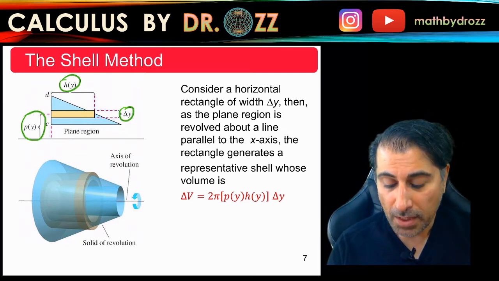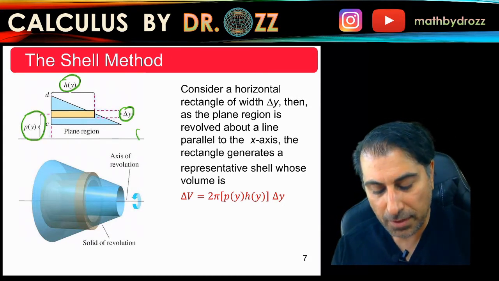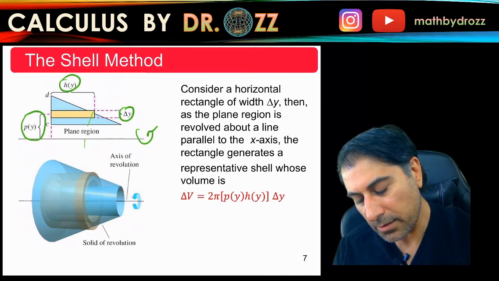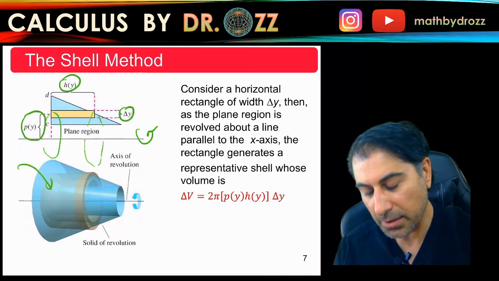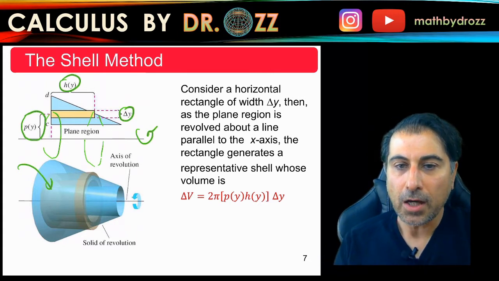When you revolve this around the axis of revolution, you get this kind of shell. And if you look at the three-dimensional object here, that's exactly what you get.